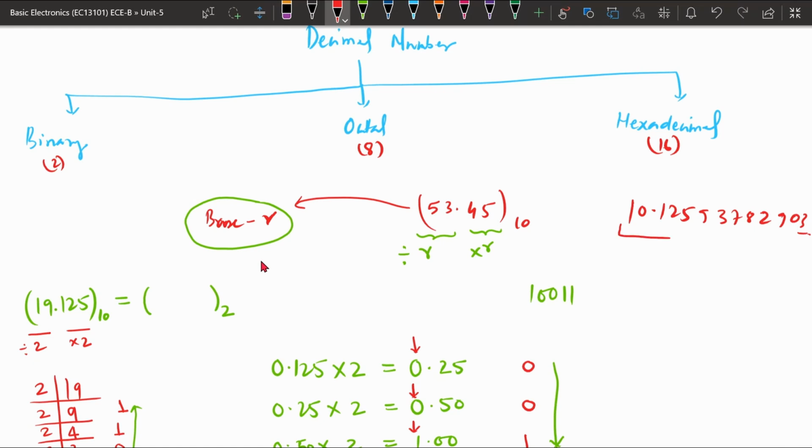Based on our accuracy, suppose we need to write up to 3 decimal places, we will truncate it to some decimal equivalent. So for 2 decimal places we will be rounding it off.